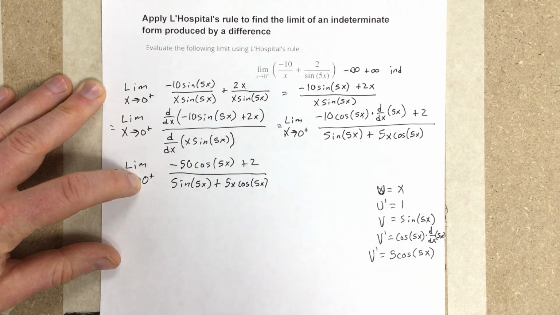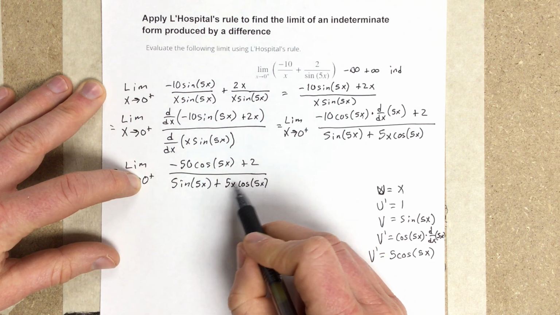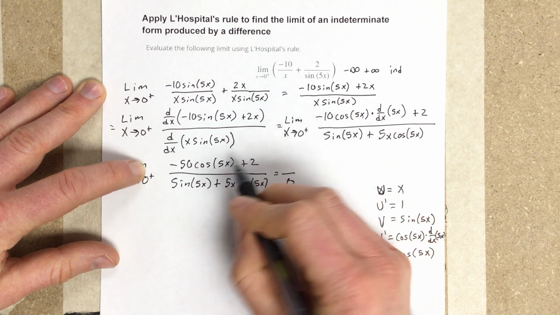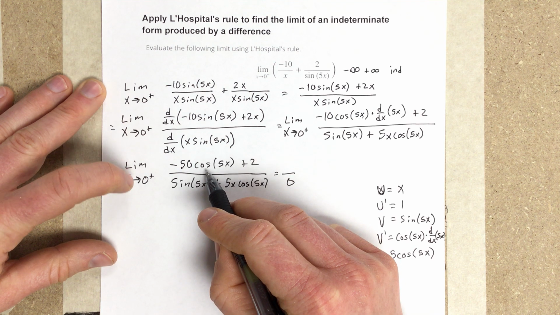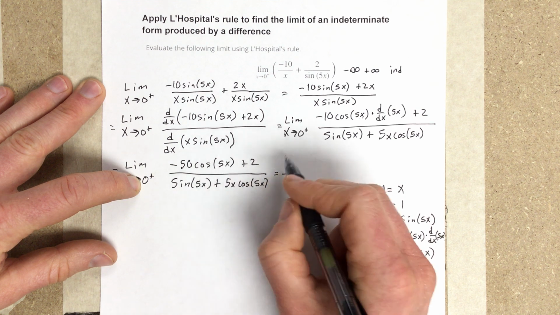Now if I plug in 0 in the denominator, I would get 0 for sine. I'd also get 0 for this, so I have 0 on the bottom. And then if I plug 0 in here, I get cosine of 0, which would be 1 times negative 50 plus 2, I get negative 48.